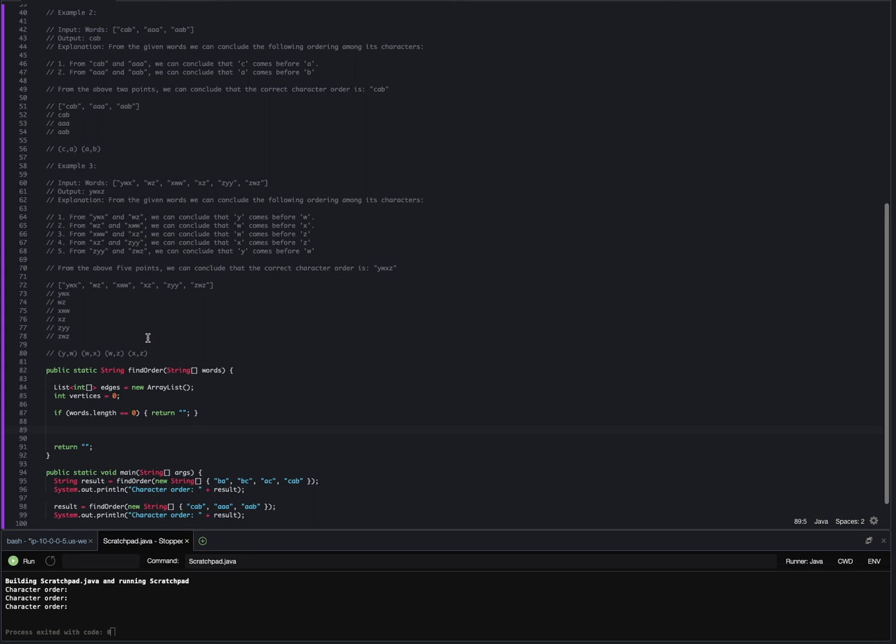Right. Now, if the number of words were 1, then that could be a problem, right? But let's see what happens if the number of words were 1.